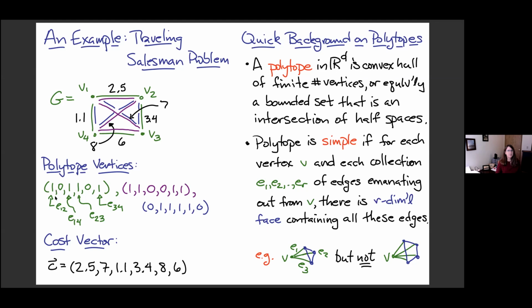If we think of the coordinates as corresponding to the edges E12, E13, E14, E23, E24, E34, then in green here is the vector that would indicate the path that goes from V1 to V2, V2 to V3, V3 to V4, and V4 to V1.